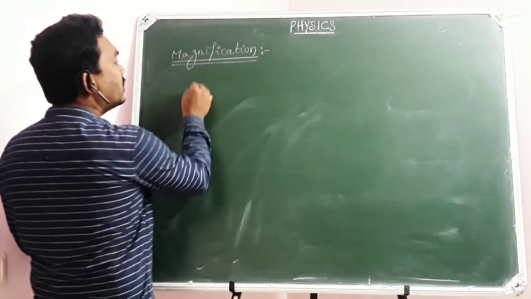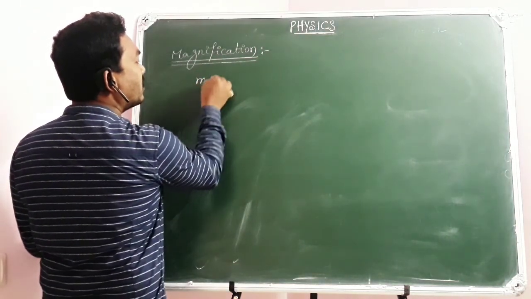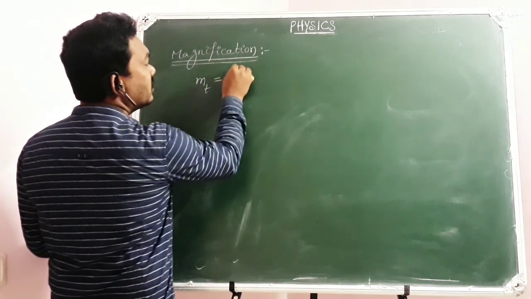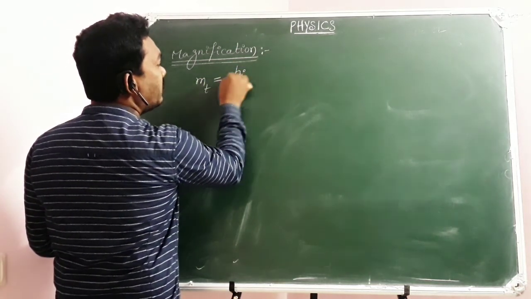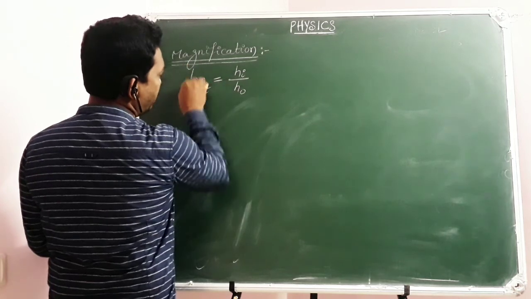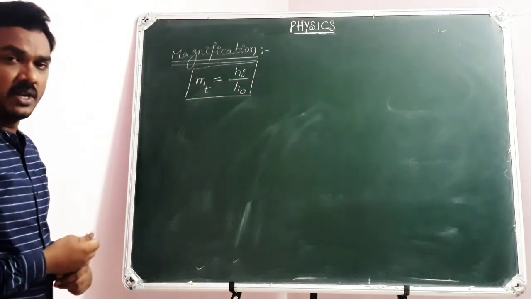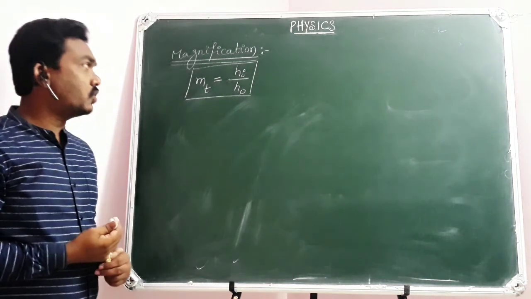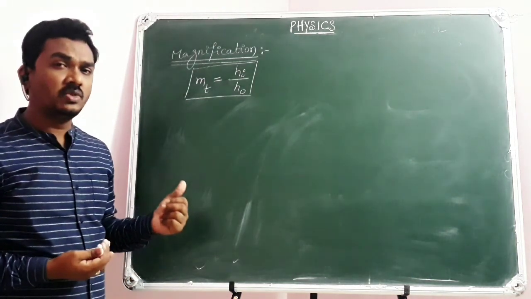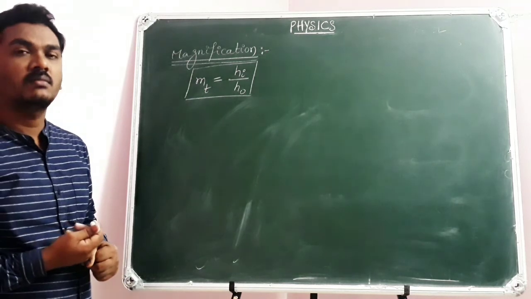Coming to transversal magnification, the formula is the ratio of the size of the image to the size of the object. Transversal magnification is the ratio of image size to object size.